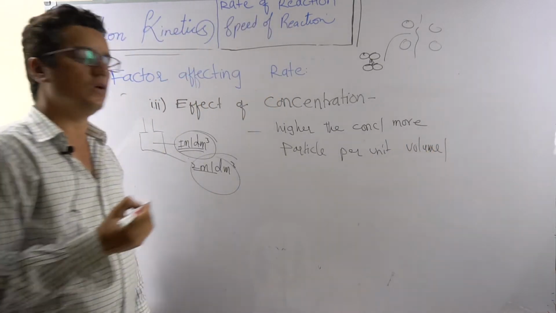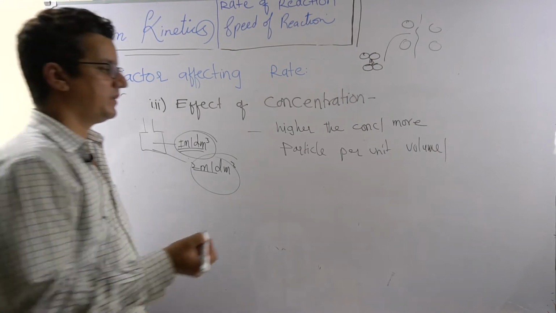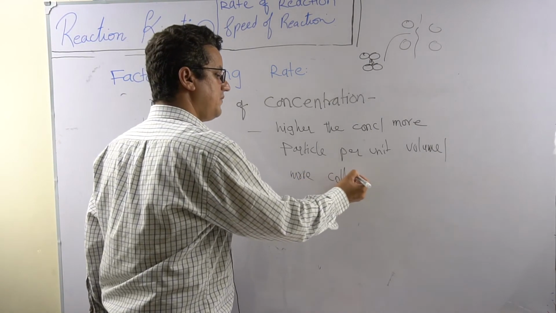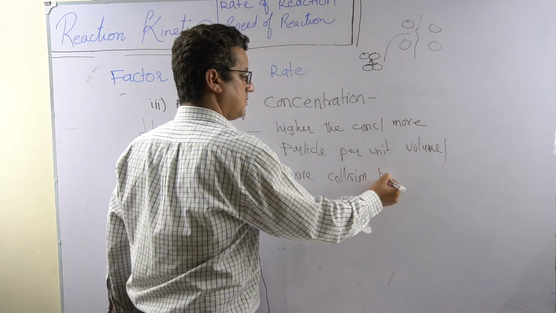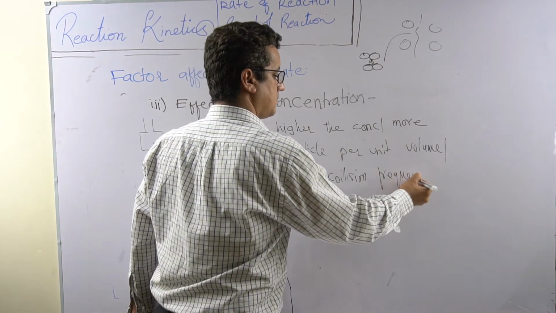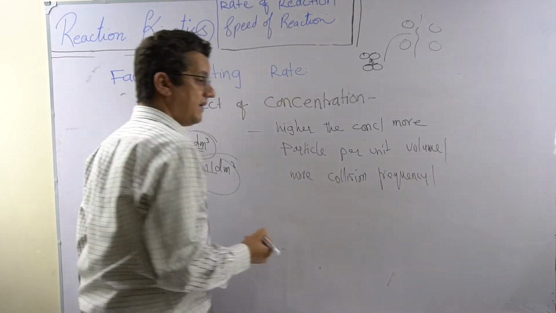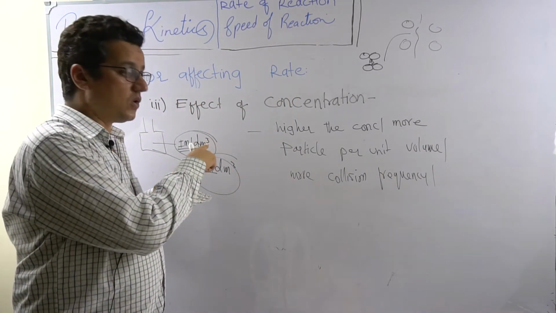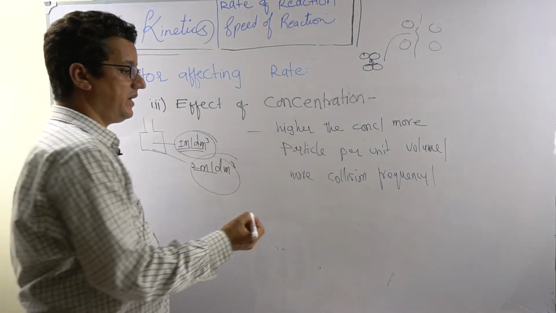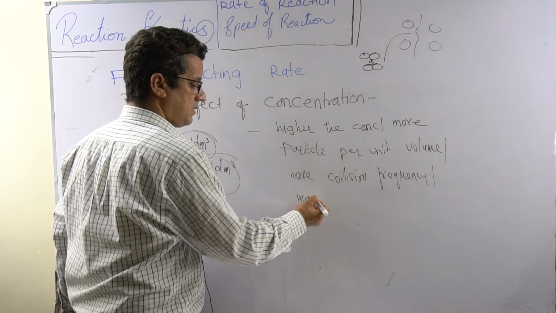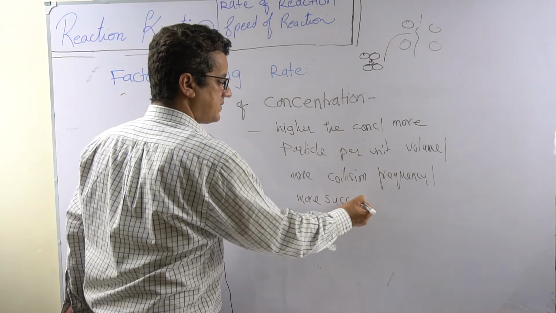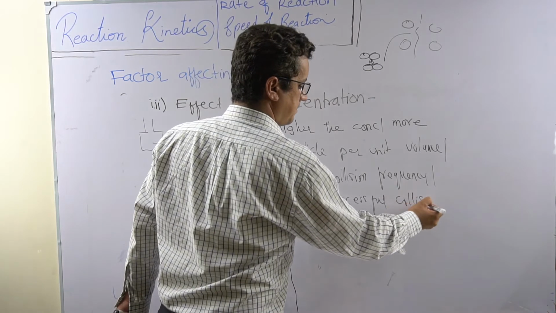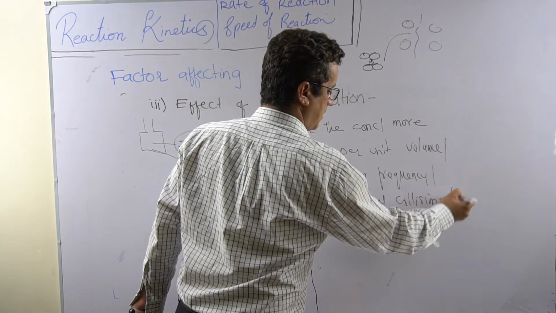Higher the concentration, more particles per unit volume, more collision frequency. And remember why collision frequency is high? Because the solution is concentrated and there are more particles per unit volume. More successful collisions. Higher rate.